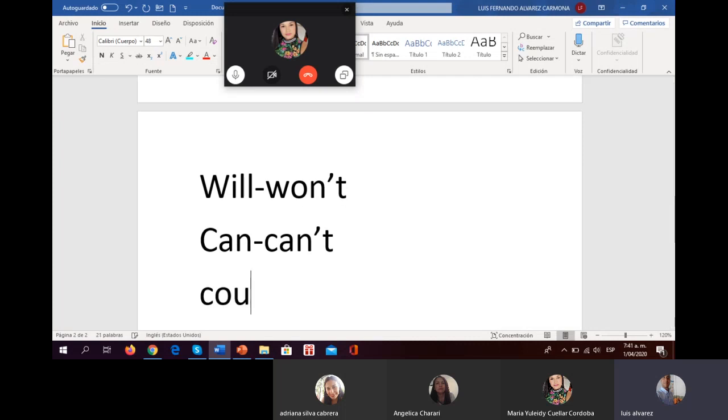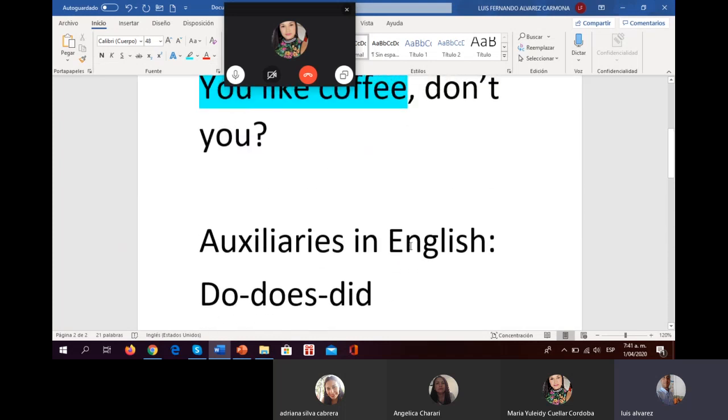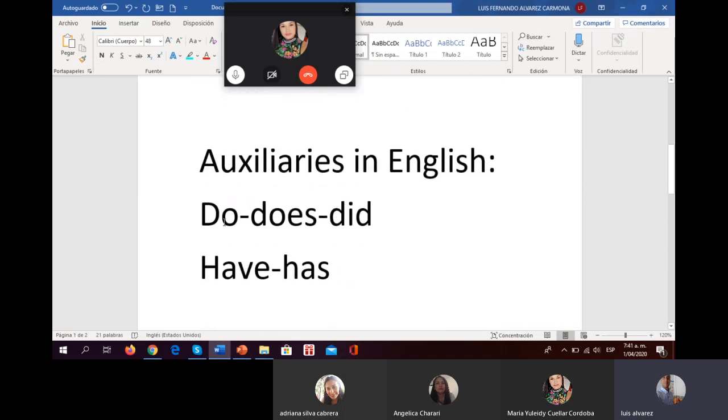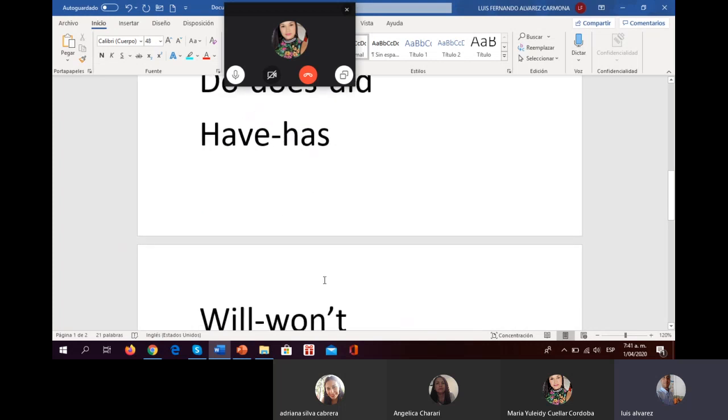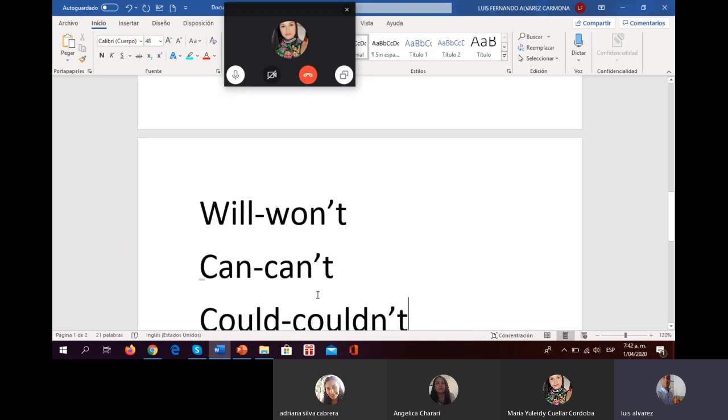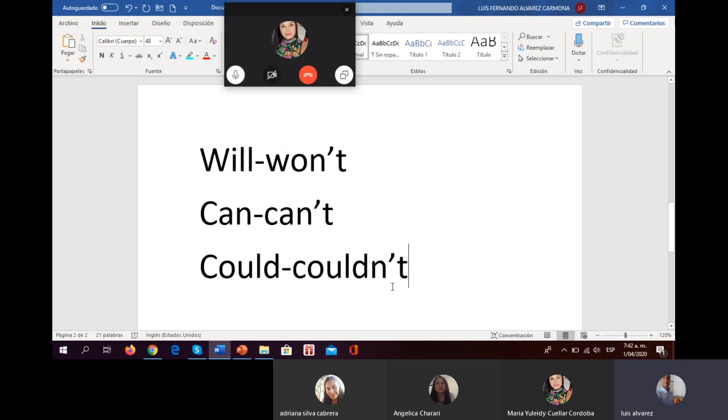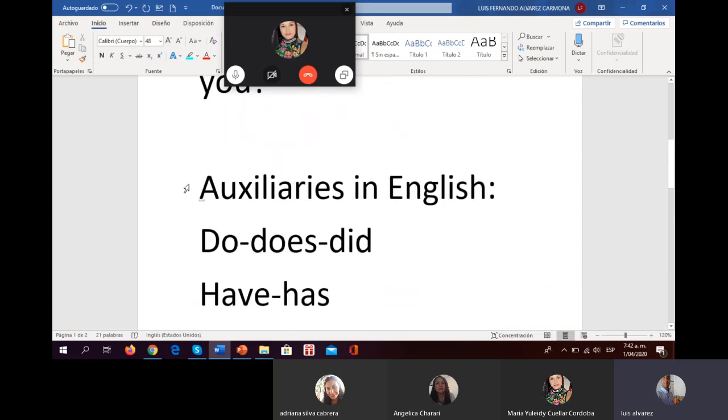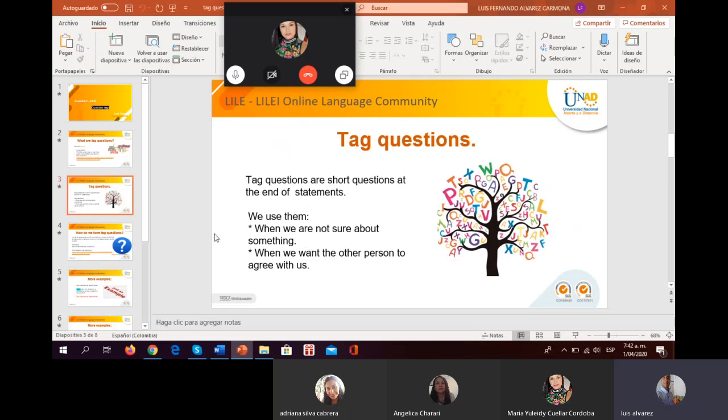We say could, affirmative. In the negative, we're going to say couldn't. So these are the most common auxiliaries in English: do, does, did, have, has, will, won't, can, can't, could, and couldn't. So I want to practice this because it's quite important to understand the use. So we need to keep in mind the auxiliaries in English.